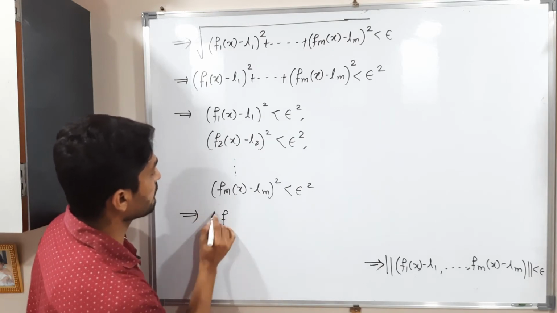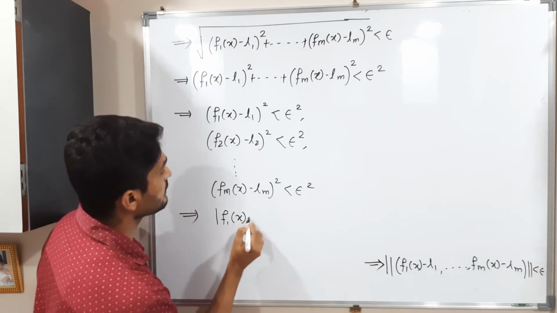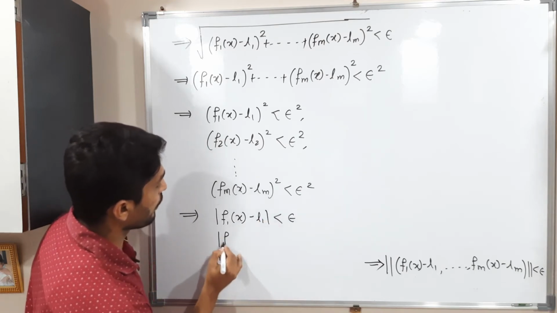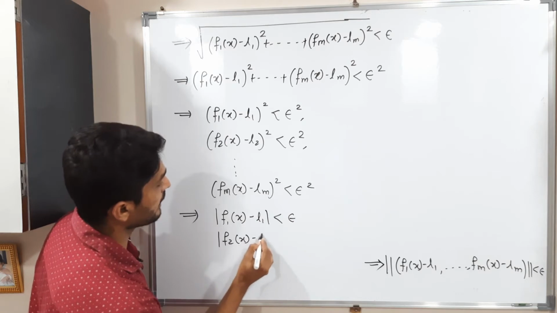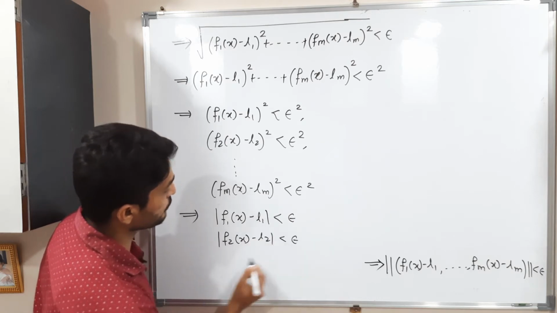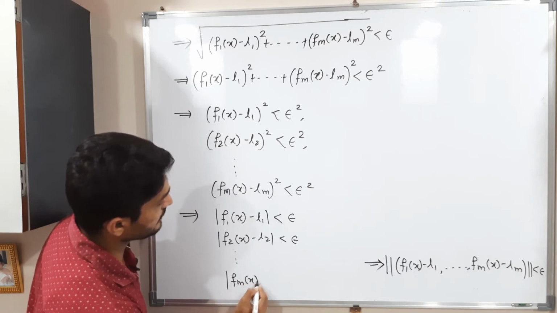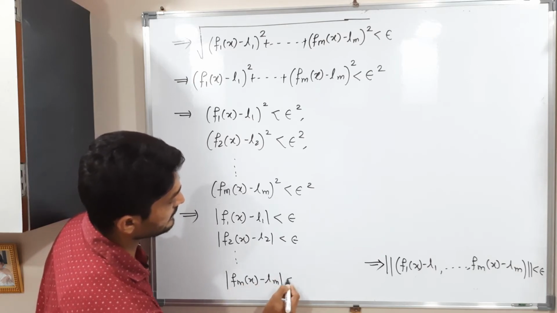So that's why I'm writing |f1(x) − L1| less than epsilon, |f2(x) − L2| less than epsilon, and so on, |fm(x) − Lm| less than epsilon.